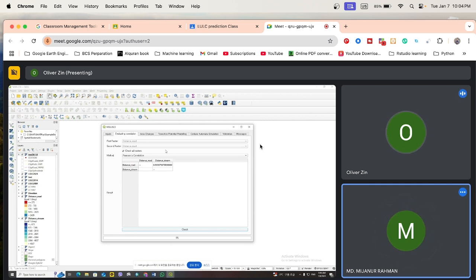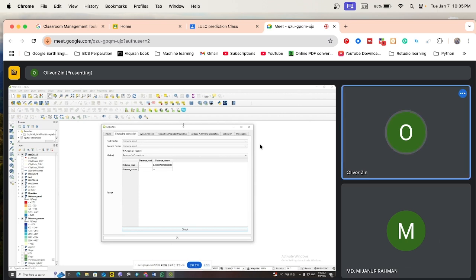Suppose distance to road increases but distance to stream decreases. And when you find a positive value, if distance to road increases, distance to stream also increases; if distance to road decreases, distance to stream also decreases. Yes, sir. Okay, I got it.